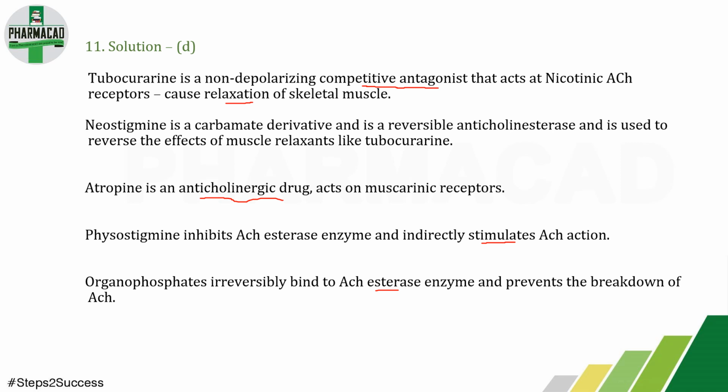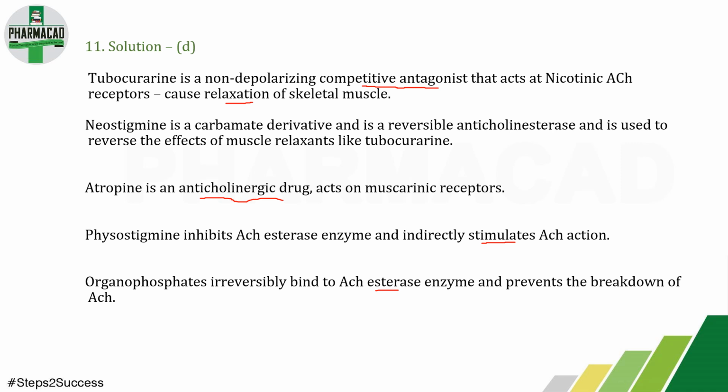So the most appropriate answer is option D, neostigmine, because it is a carbamate derivative and a reversible anticholinesterase.